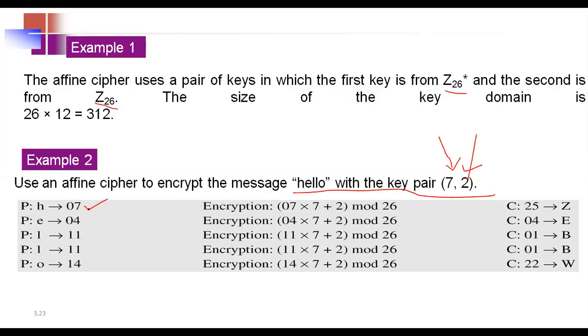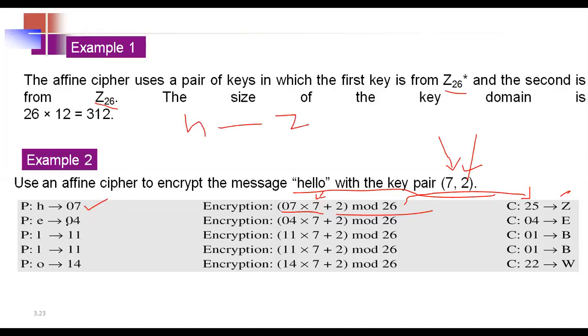First I multiply 7, the H character, with the first key 7, plus 2, mod 26. That means 7 times 7 is 49, plus 2 is 51, mod 26 is 25. The 25 equivalent character is Z. So H is converted into Z.